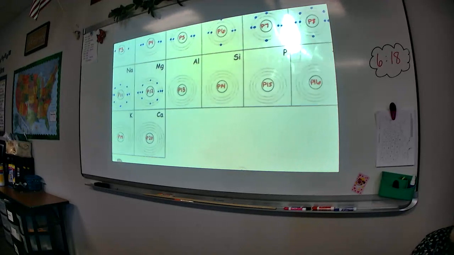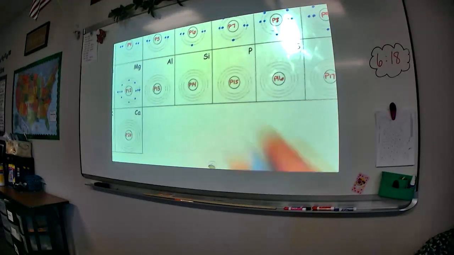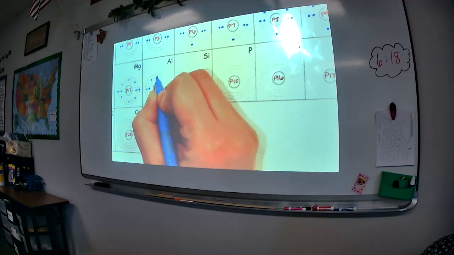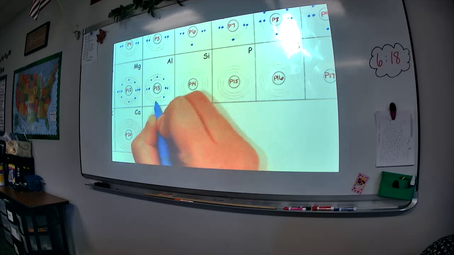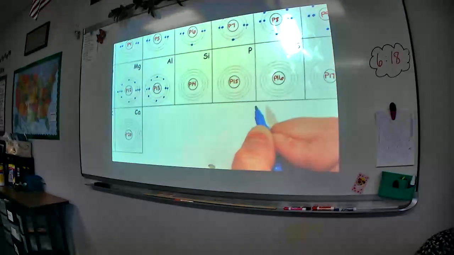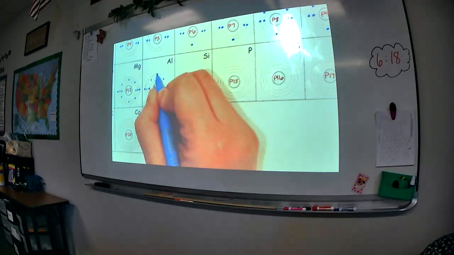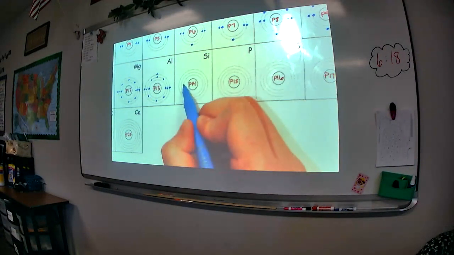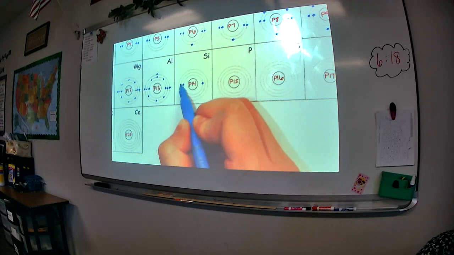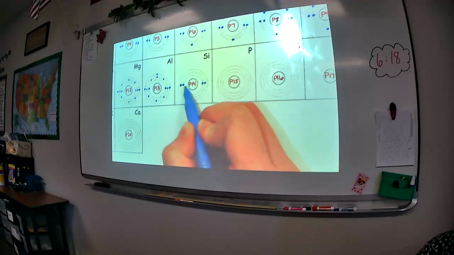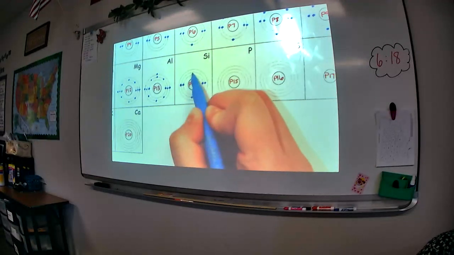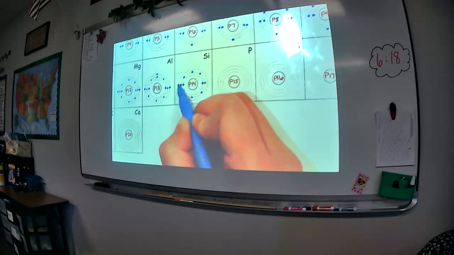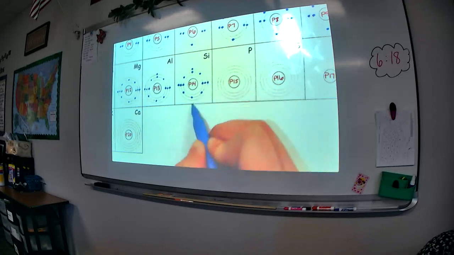I'm going to leave these out there, but I'm going to go on. Aluminum, 2 on the first, 8 on the second, and then 3 on the third. Silicon has 2 on the first, then I'm going to go on to 14 total.